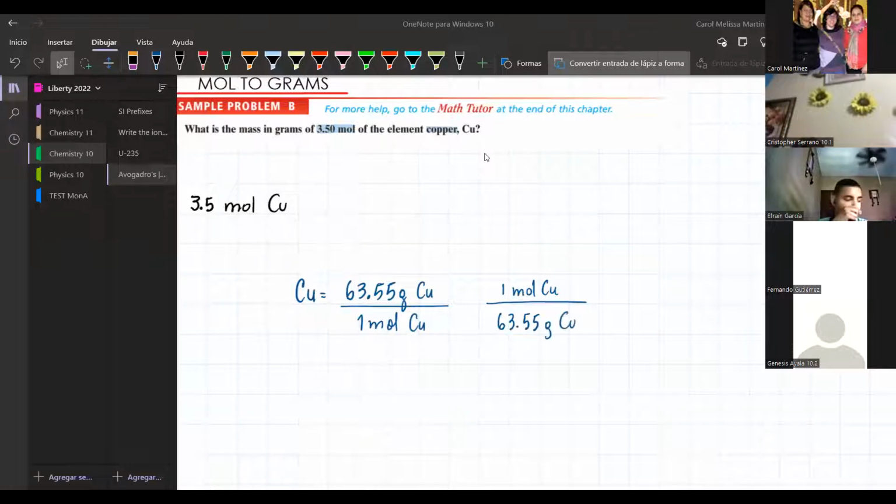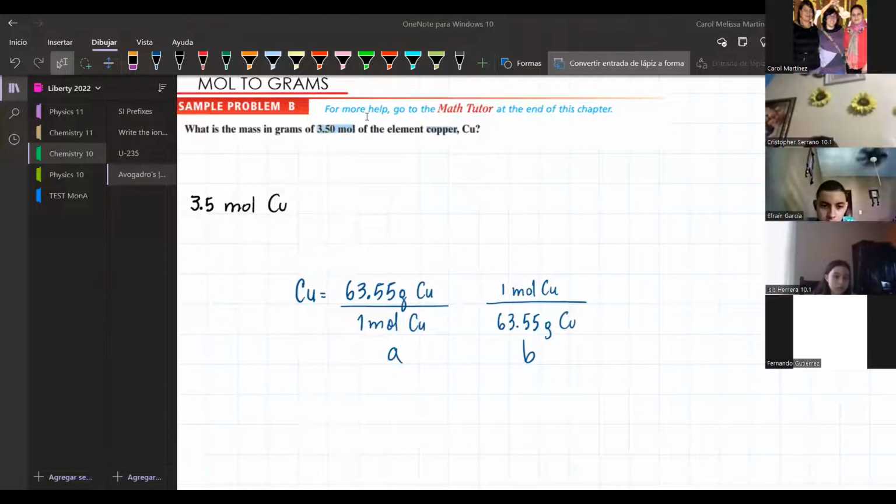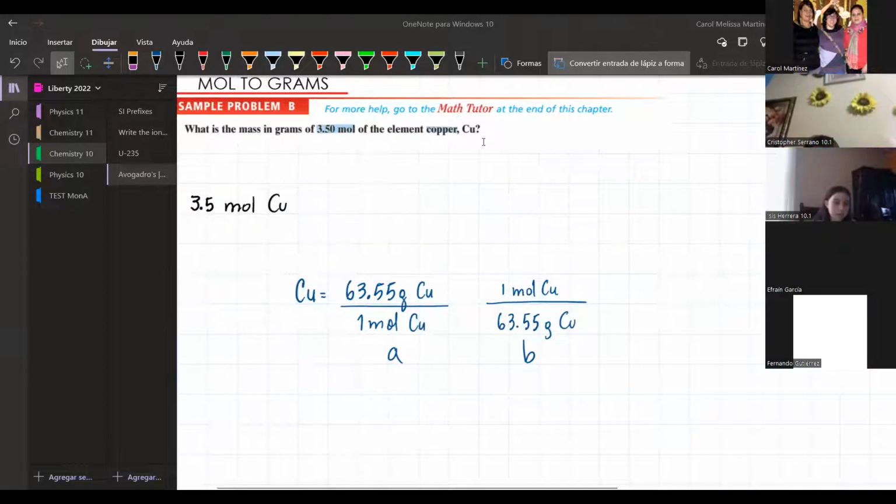So I have 2 factors, okay? What factor do I have to use to turn those moles into grams? The first one, the A. The A, okay, that is good.